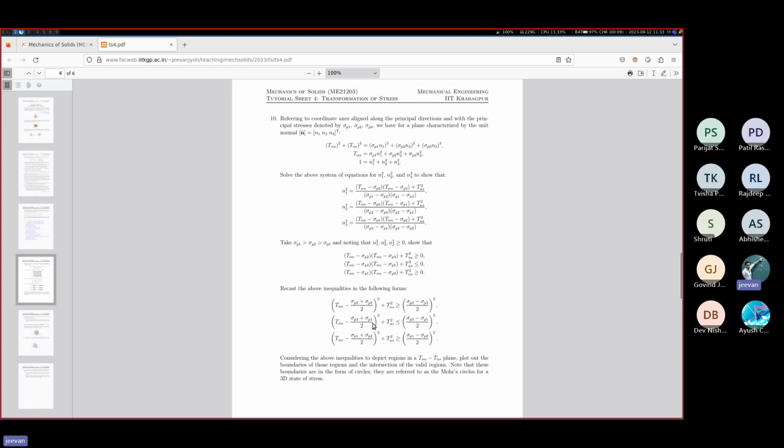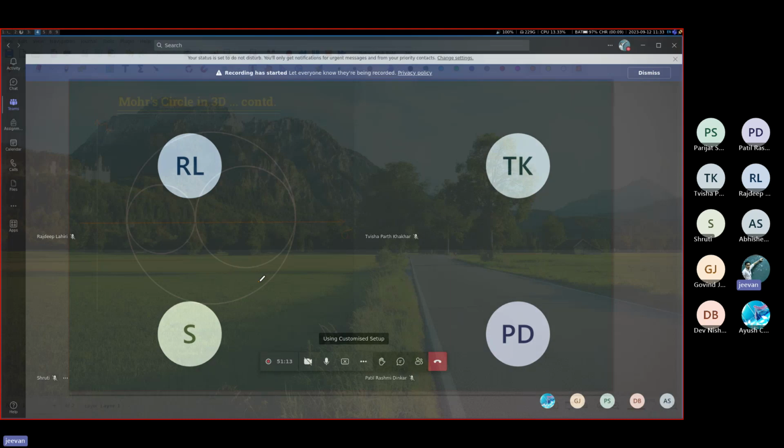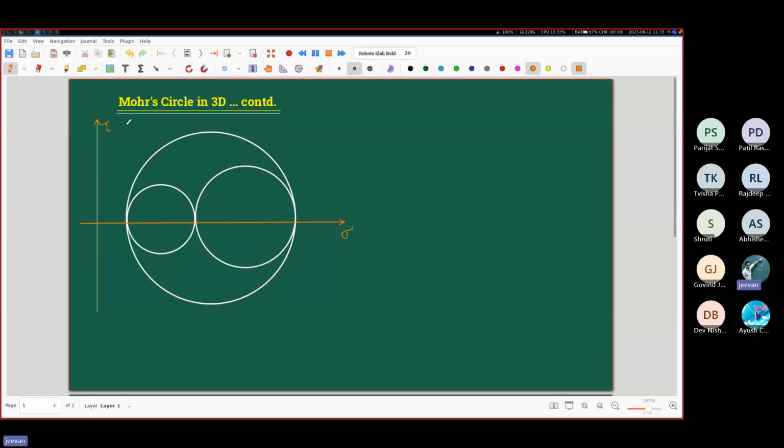And as we had mentioned yesterday, the first circle corresponds to the principal stresses sigma P2 and sigma P3. So if we go back to the writing app, this is the first circle, C1, that is associated with sigma P2 and sigma P3.